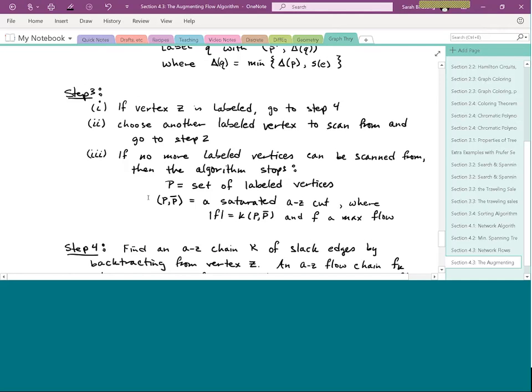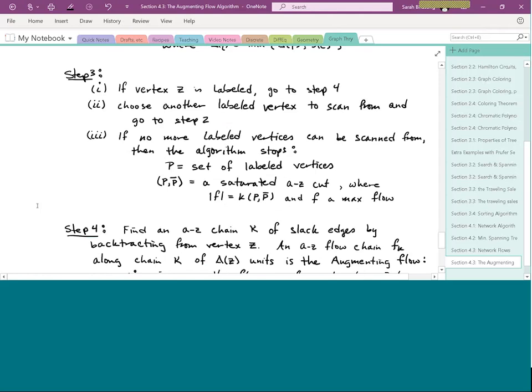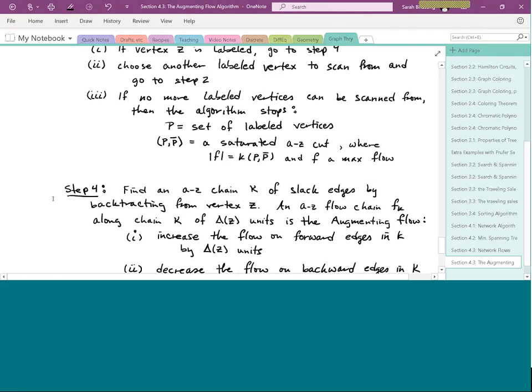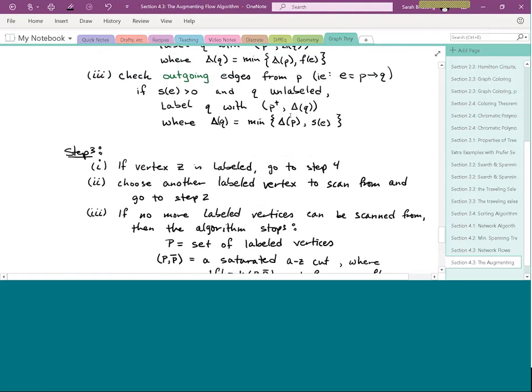Now, if we actually do get that vertex Z gets labeled, what that means is we can push more flow through our network. And step 4 tells you what you do. In terms of the actual label on Z, where's the label? The second part here tells you how much additional flow you push through the network.